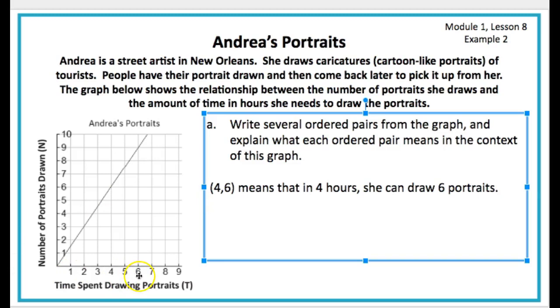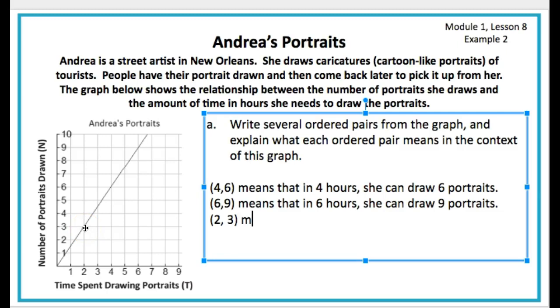Another ordered pair we see, x is 6 and y is 9. 6 comma 9 means that in 6 hours she can draw 9 portraits. Another ordered pair we have, x equals 2 and y equals 3, and this means that in 2 hours she can draw 3 portraits.